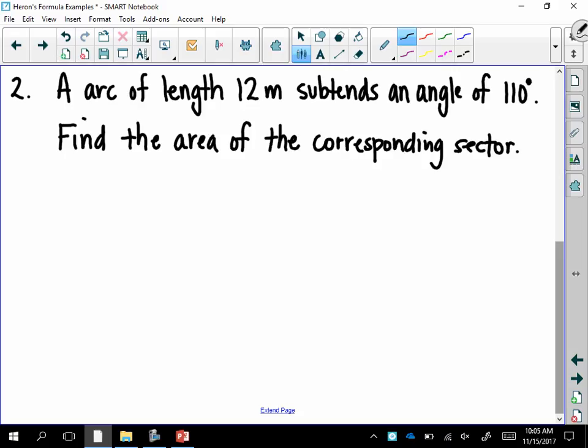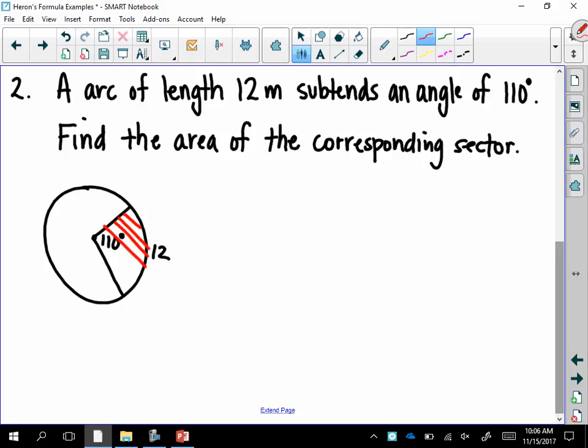So, in terms of a diagram of this, there's a central angle of 110 degrees, and the arc length is 12 meters, and what we ultimately want to find is the area of this sector. Well, what's the formula for finding the area of the sector? 1/2 r squared theta. The problem is, based on the information that's given, we don't know the radius.